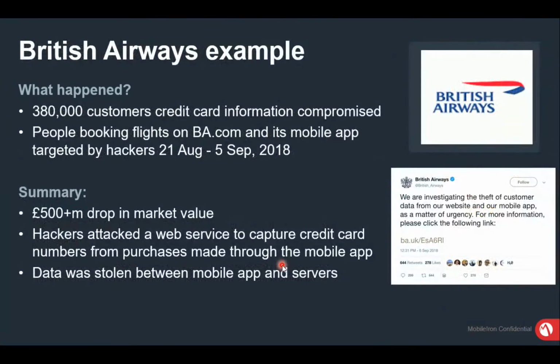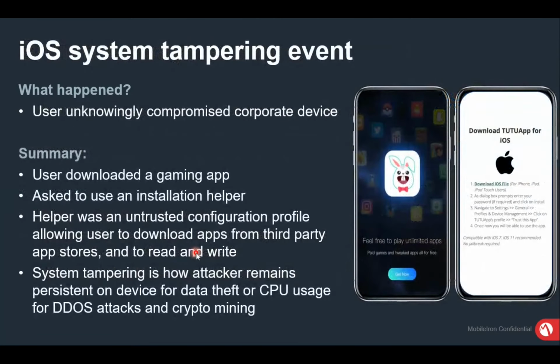Similarly, British Airways had 380,000 customers' credit card information compromised in September 2018, and there was a 50-plus million pound loss for the company. They stole from mobile apps, and they published the credit card numbers and used them.